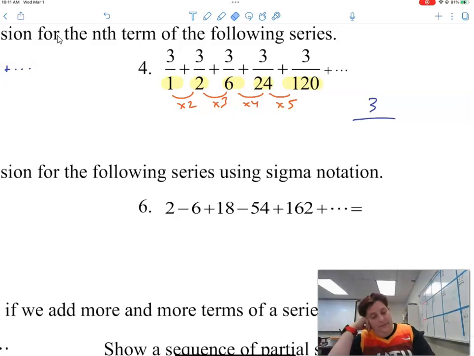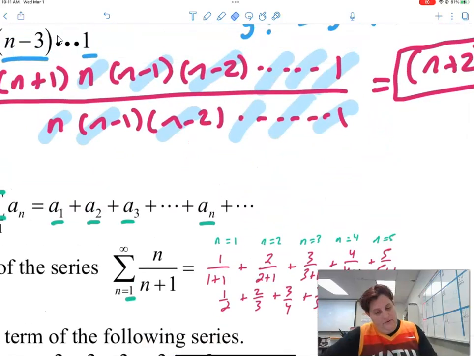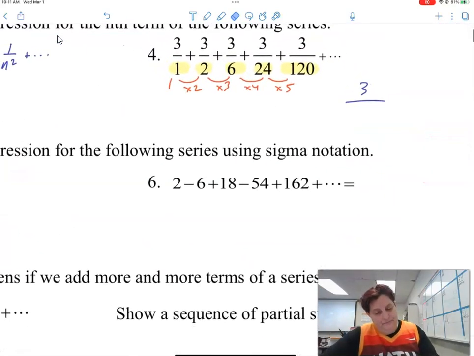All right. What do you guys notice about these numbers? Well, okay, so let's see if I can explain this. This is a little harder to explain, but we saw 120 earlier. Do you guys remember up here? When we did, oh yeah, 5 factorial was 120, okay? So if it's 1 times 2 times 3 times 4 times 5, the next one would be times 6, so it would be 6 times 5, 4, 3, 2, 1.